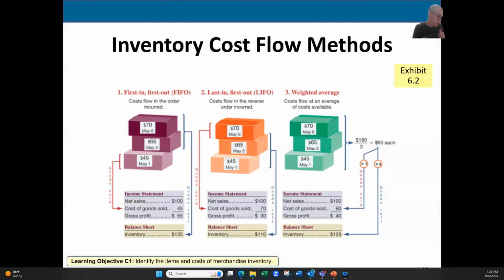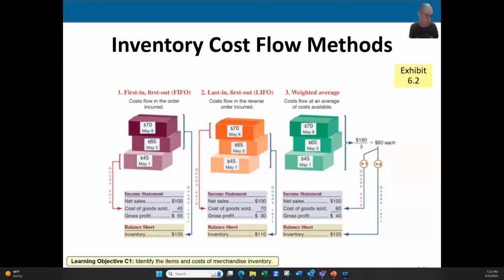Where a lot of people struggle is last in, first out. Last in, first out tells us that we sell the last set of purchases first. Okay, why would you do that, you're asking? Depends on the type of business that you're running. For example, let's say you're Best Buy.